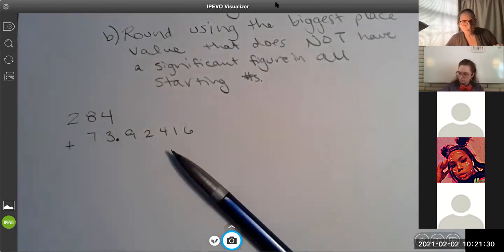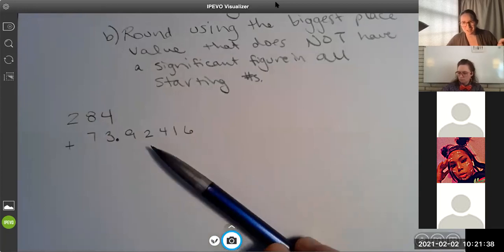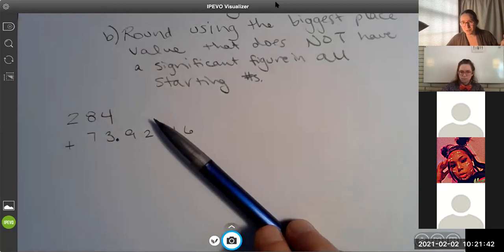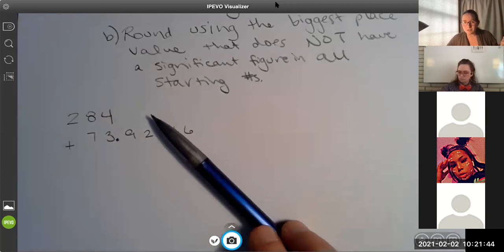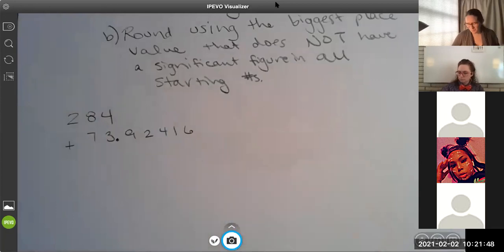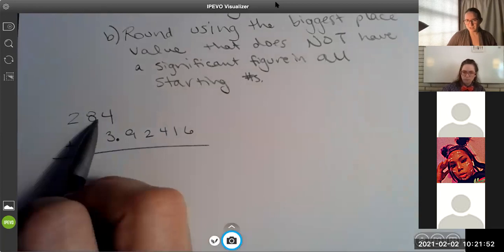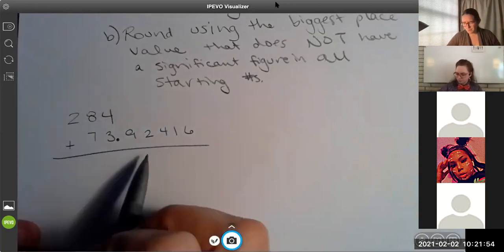Basically, if we can't see that level of detail in both numbers, we're not going to keep it in our answer, because we can't see that level of detail in this number at all. This tool couldn't see this level of detail, so we're not going to keep it around.